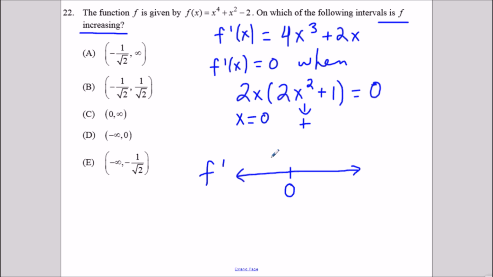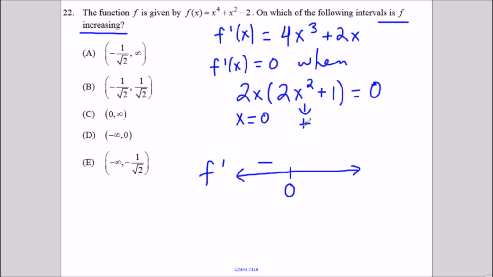So now we need to assign a sign to each interval, positive or negative. So we plug in -1 to the derivative. And I would plug it into the factored form. The second factor you don't even have to bother with because we said it's always positive. So if you plug in -1, you'll have 2 times -1 is negative, and a negative times something that's always positive is going to work out negative.